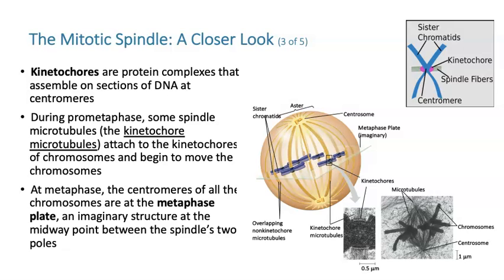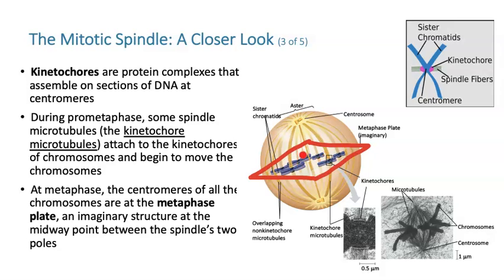In metaphase, the centromeres of the chromosomes are at the metaphase plate. And I like the way that this shows you the metaphase plate because it tries to show you in 3 dimensions. So think about it, the metaphase plate isn't a single line. It's literally a plate that goes through the center of the cell.